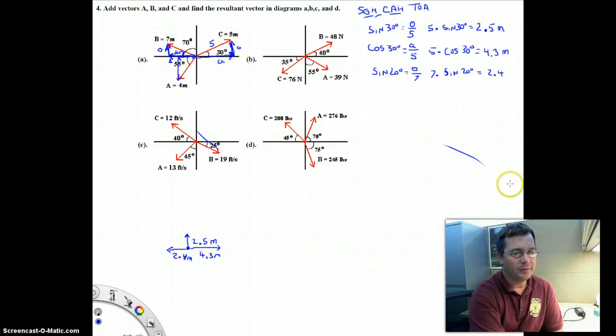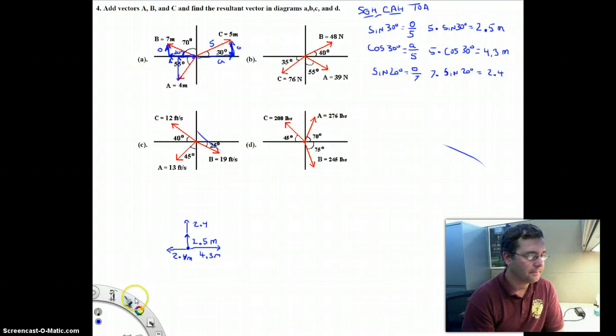I'm sorry, this 2.4 does not represent the horizontal distance. It represents the vertical distance, and it's upward. So let's draw that in there. I drew that previous one in the wrong place. 2.4 meters. That's the vertical component because sine relates the opposite side. So we'll just go ahead and erase this vector over here. We don't need it yet.